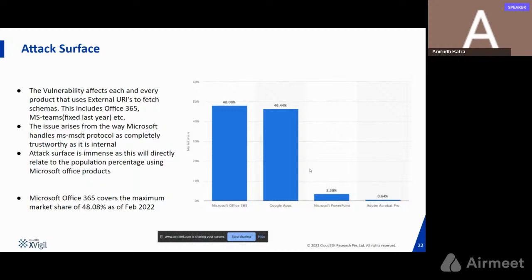So it is not just limited to Microsoft Office Suite. It's one of the things which uses it. A good example would be MS Teams, the way that we discussed, which is already fixed now. There was a patch last year itself. That was one of the examples. This puts into perspective how immense the attack surface would be, and that makes it even more dangerous.